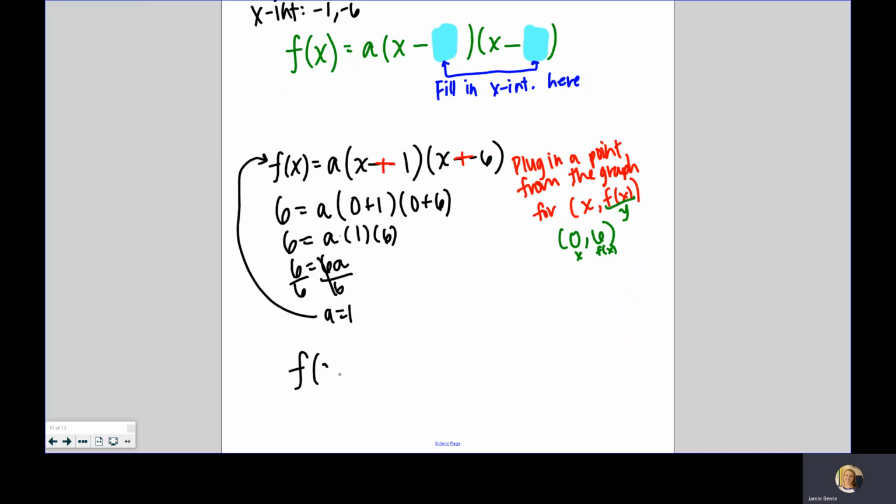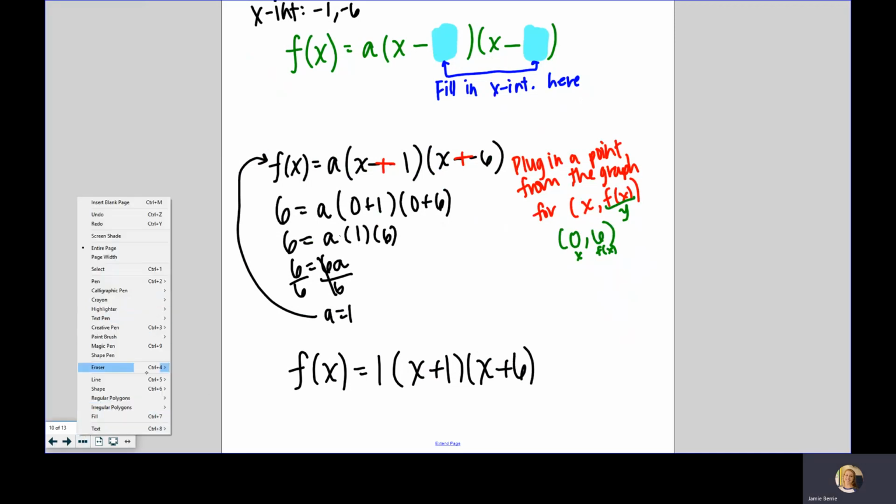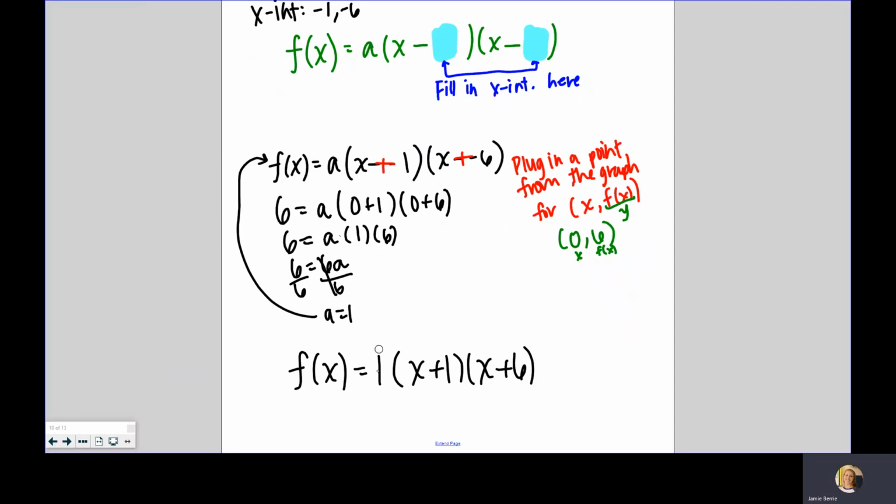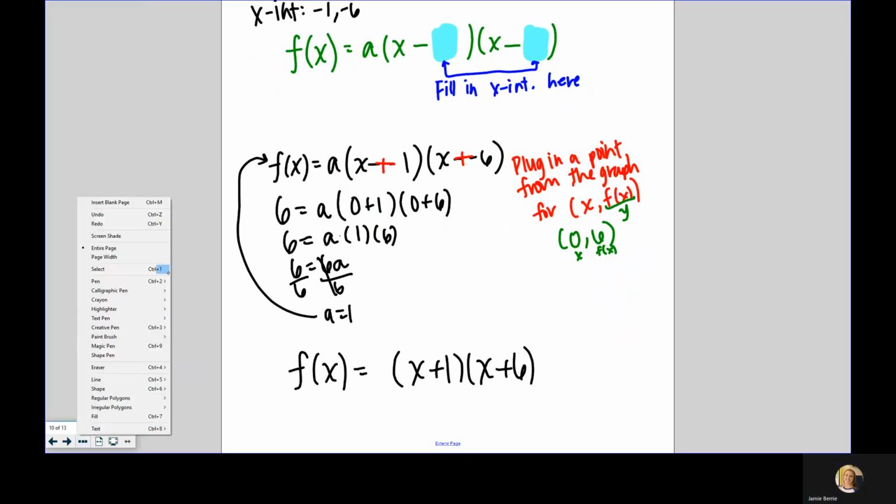So that's f of x equals 1 times x plus 1 times x plus 6. And then you're done. We really don't even need to write that 1, right? Because it's understood to be there. So you don't have to write the 1. But that's it, you're done.